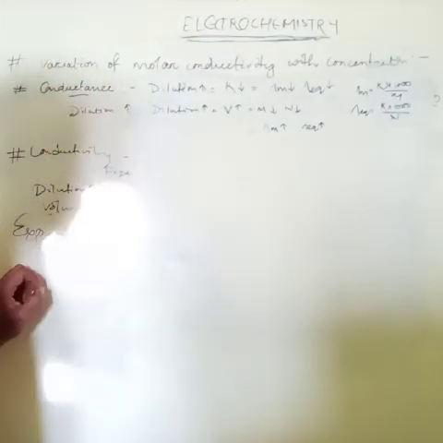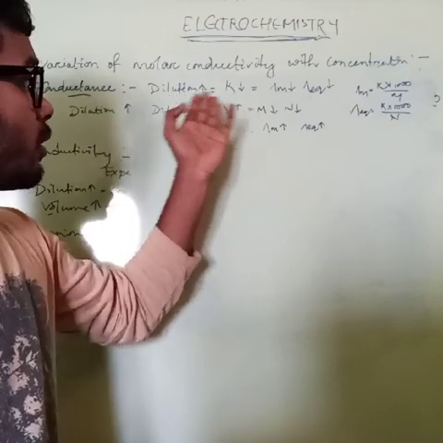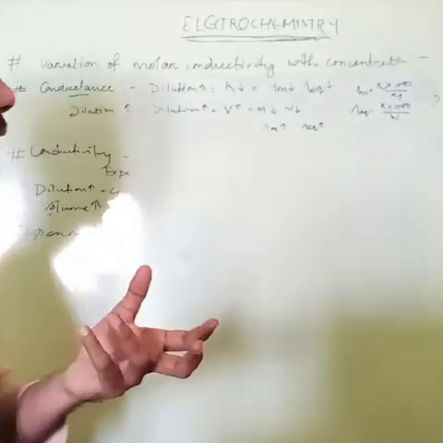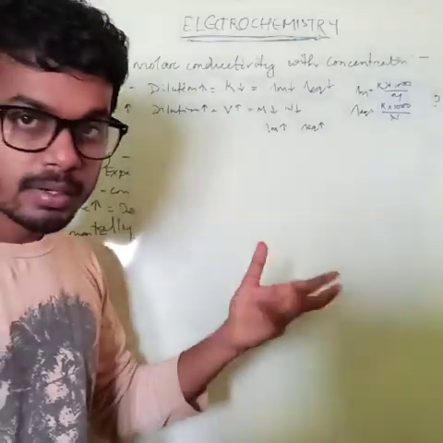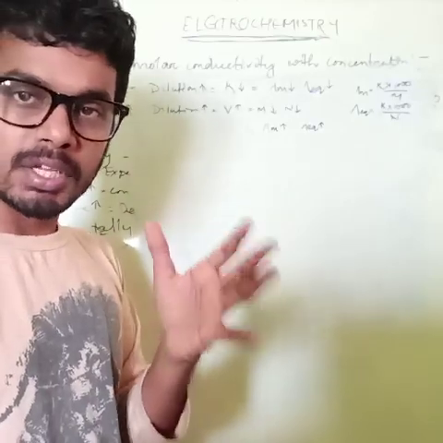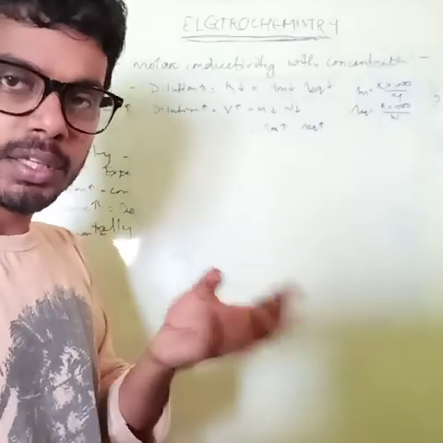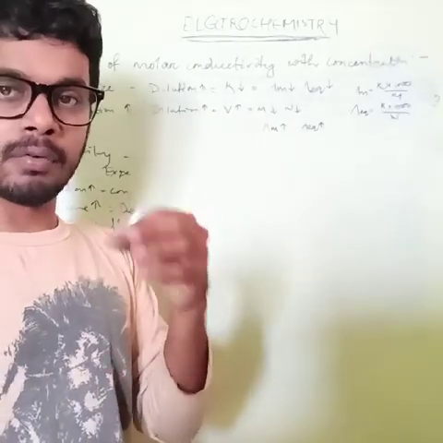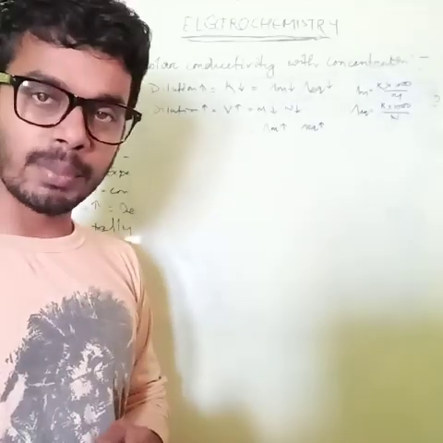This will again increase, because we have seen that if dilution increases, the conductance value increases. Why? Let me state the mechanism behind it. In case of weak electrolyte, there will be the formation of new ions. Those new ions will carry the charge, so ionic mobility will be there, and the conductivity will be more.